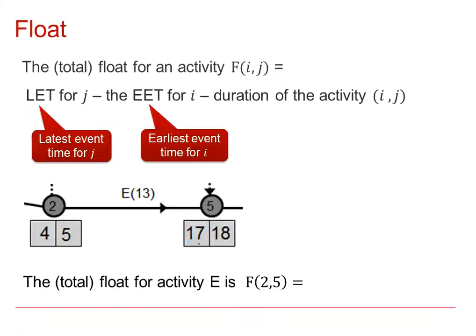The earliest it can finish is 17, the latest it can finish is 18. So the total float on E is the latest it can finish, which is 18, take away the earliest it can start, which would be 4, take away its duration, 13. So the total float for this activity is 1 unit of float.